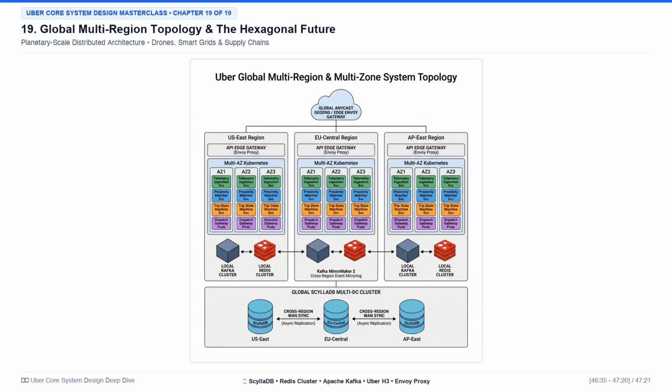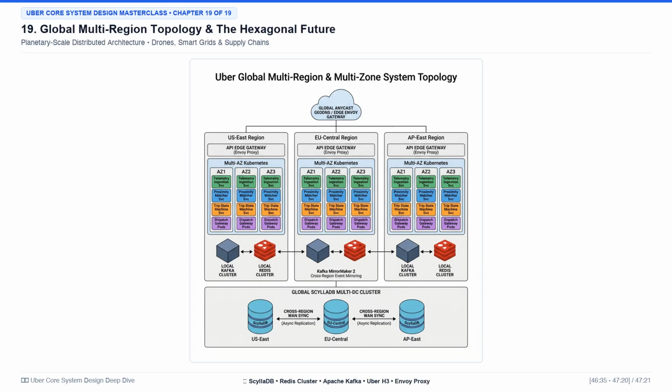It's beautiful. So we'll leave you with a final provocative thought to chew on. If we can mathematically tessellate the globe into perfectly equidistant hexagons to efficiently route 1 million chaotic human drivers with sub-2 millisecond latency, what other massive broken systems in our world are just waiting for a hexagonal revolution? I mean, the possibilities are endless.